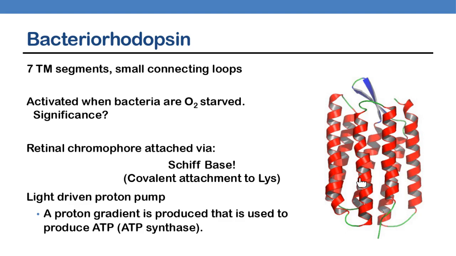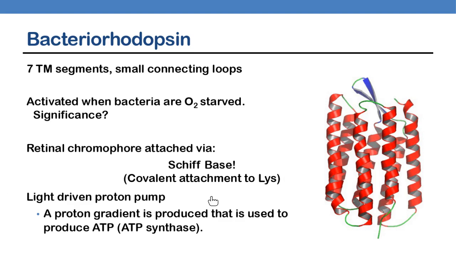This is going to stop oxidative phosphorylation, which we're going to talk about in metabolism. Instead, it creates the proton motive force so that you can still get ATP production. The unique thing about bacteriorhodopsin is that it has a Schiff base, a covalent attachment to a lysine, about midway through the protein.